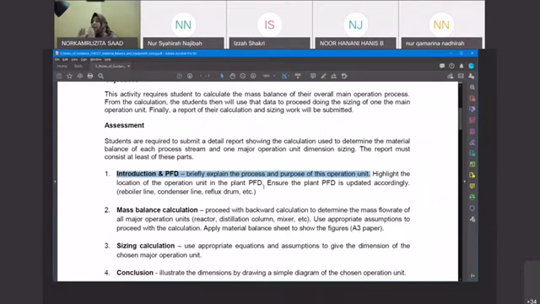Because it is at the middle part, you need to do backward calculation. How backward calculation? You have decided how much product you would like to produce. The product is the exit part, so you should know how much product you would like to produce for your plant.